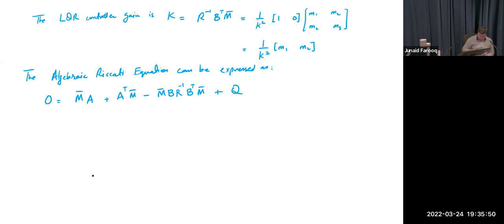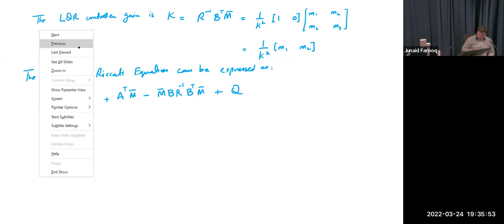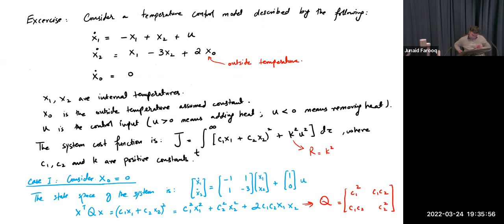So let's go back to the previous case. Here our Q is not a diagonal matrix anymore, so we have a different structure here. But it doesn't have to be. Oops, I think I missed a bracket here.